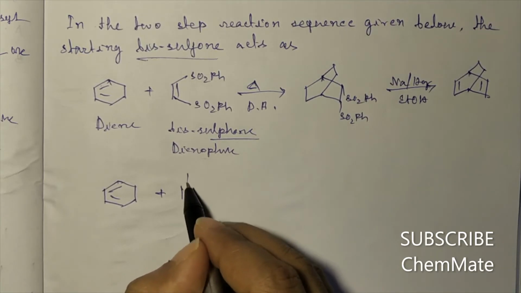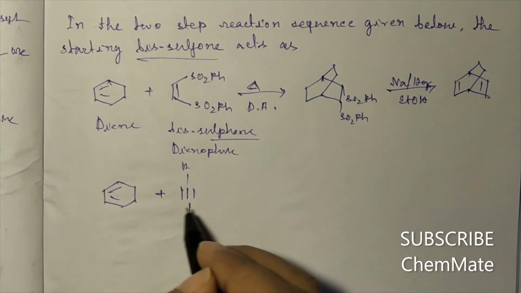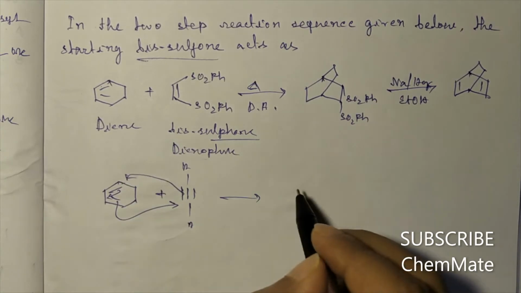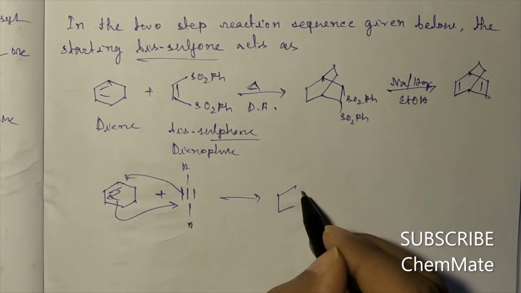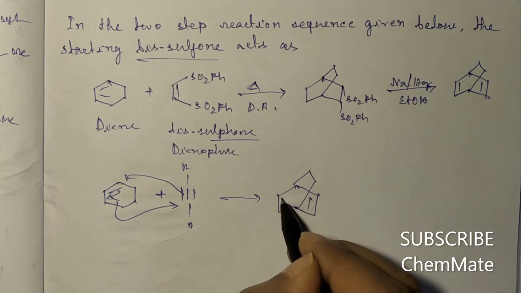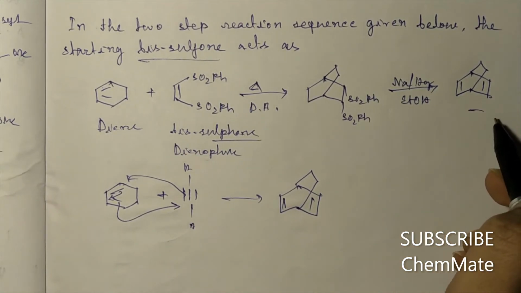If the Diels-Alder reaction happens between these two compounds, then what will happen? The product will be this. So we are getting the same product here also.